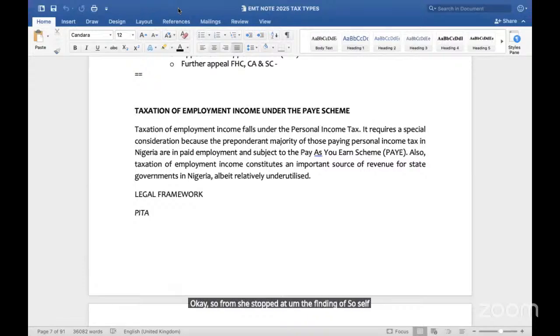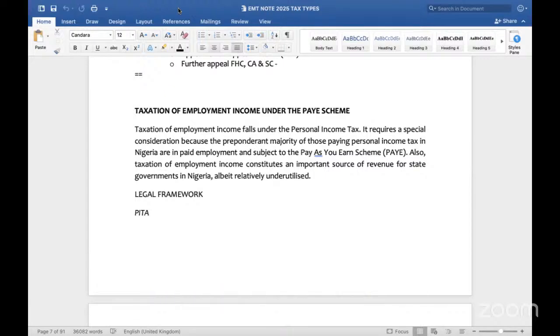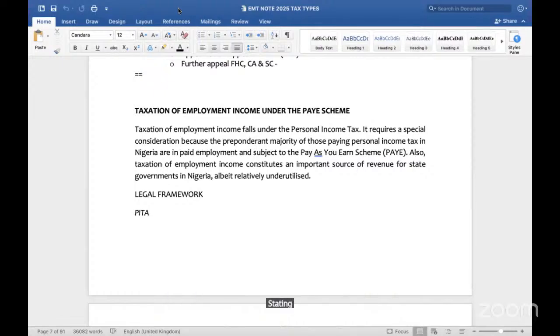Okay, so she stopped at the filing of self-assessment, that the part of the regulation is to do self-assessment. Self-assessment, I think it started in 1991. So they'll give you a form, then you fill out certain information stating your income and other details attributed to that.